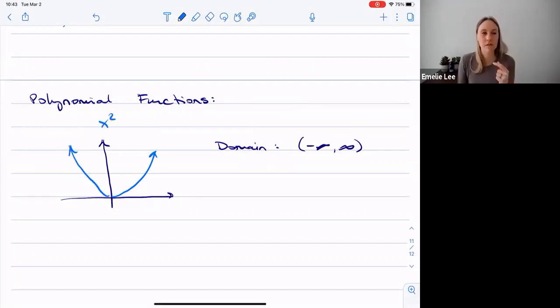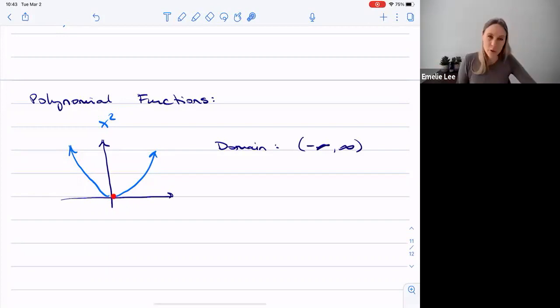For x squared, the domain is any value of x, and it keeps going and going. Even though it doesn't look like it, these arms extend to negative infinity and positive infinity.